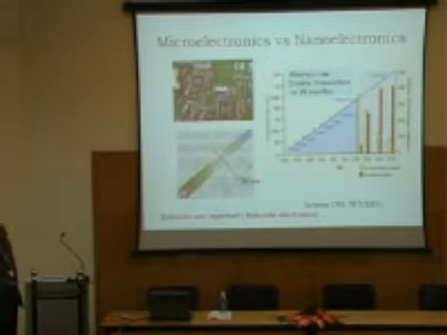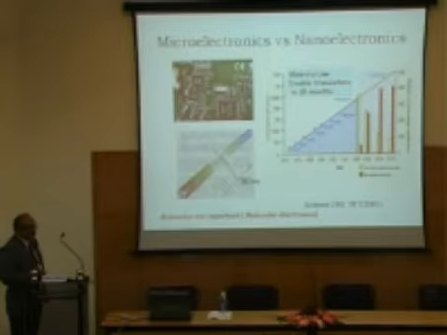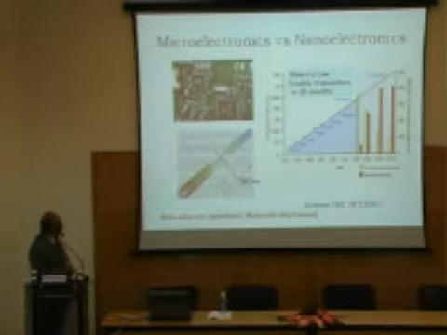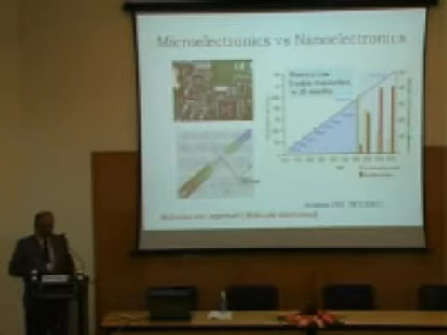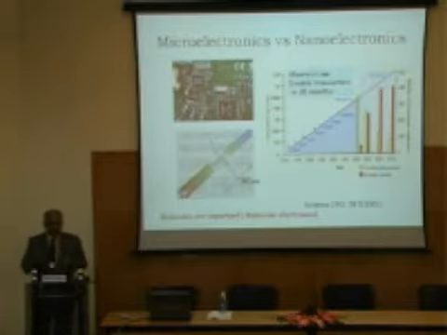So the solutions which are being attempted, say in 2010, are much below what is expected to touch the Moore's law. So we are lagging far behind what is expected. Now, what I want to say is that in nanoelectronics or molecular electronics, the molecules are very important. So you have to understand how to make the molecules and how to assemble the molecules. Making molecules is one thing, and then assembling them is another thing.